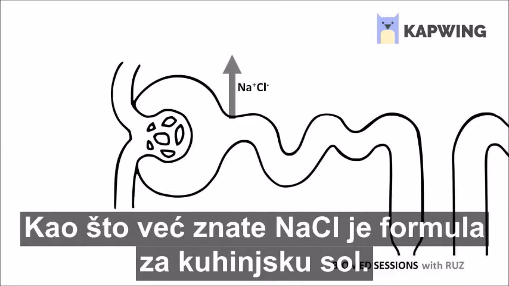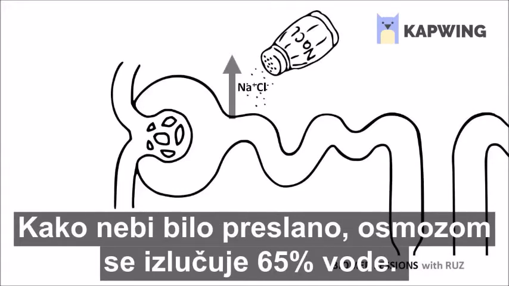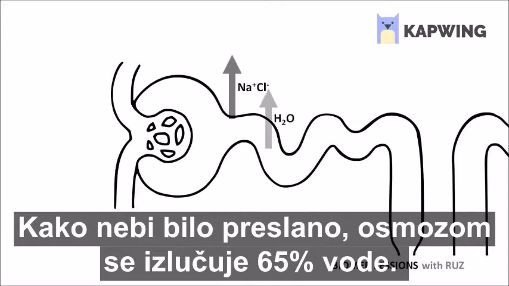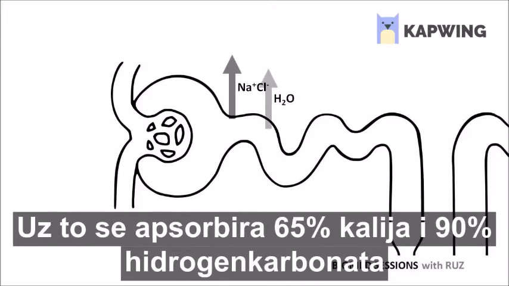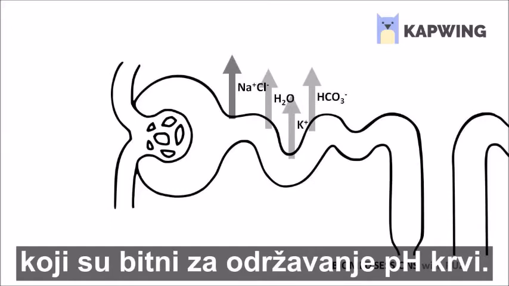As you may know, NaCl is the formula for common table salt, so it would be pretty salty outside the tubule if it wasn't for the fact that 65% of water leaves by osmosis. In addition, 65% of potassium is reabsorbed, as well as 90% of bicarbonate ions, which are important in maintaining the pH of the blood.